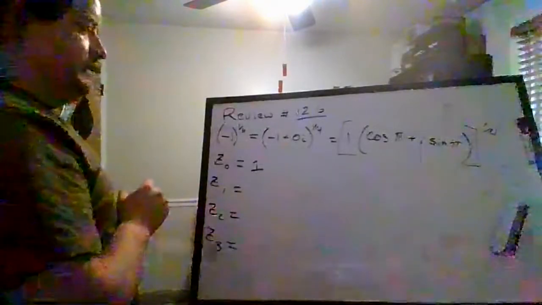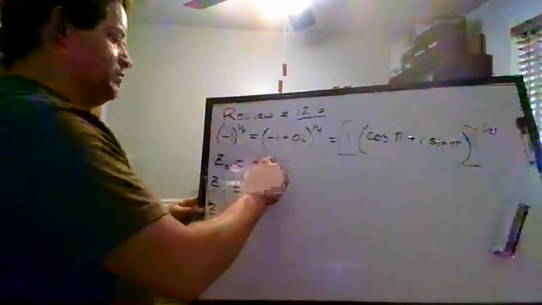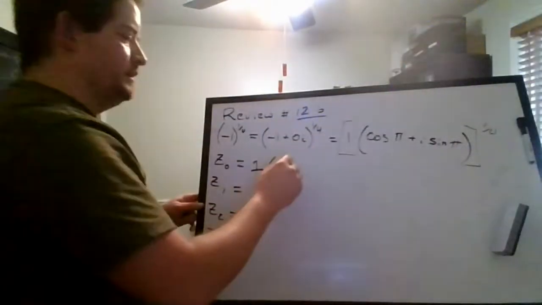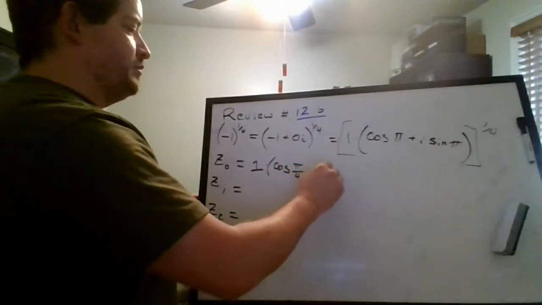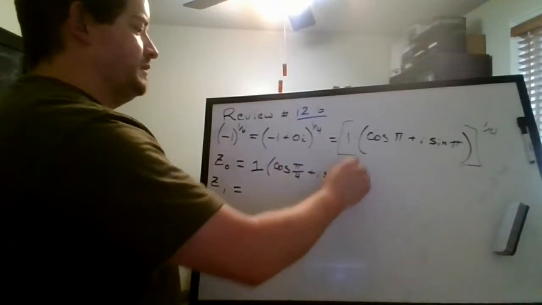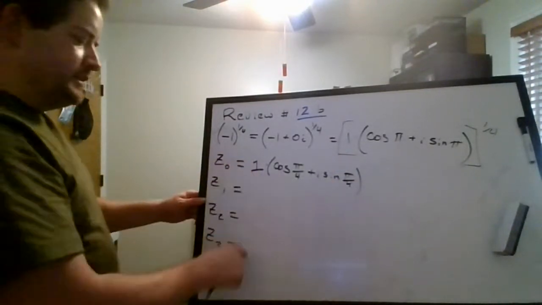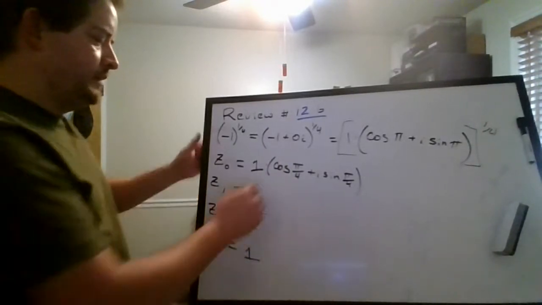And then they have a cosine of, my initial angle is pi divided by 4. So I get cosine of pi fourths plus I sine of pi fourths. That's my first guy. The radius on these is all going to be 1. It's 1 across the board here.